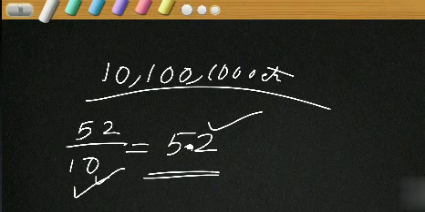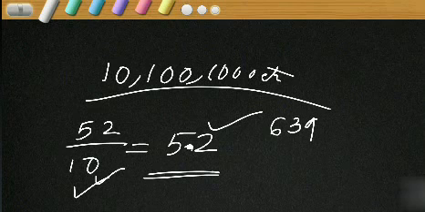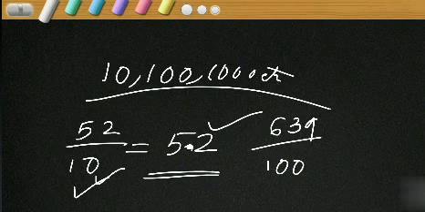Suppose we have a question, 639 by 100. What would be the answer here? Who could say the answer? The number of decimal places should be equal to the number of zeros in the denominator. In the denominator there are how many zeros?